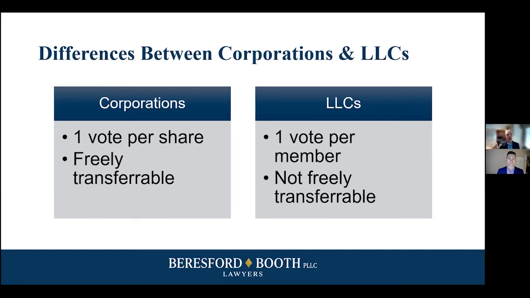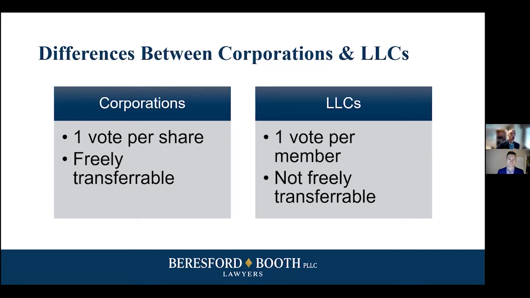But there's a quirk in our statute that gives a bit of a head scratcher. When you transfer all of your economic rights, that's what we call an event of dissociation.